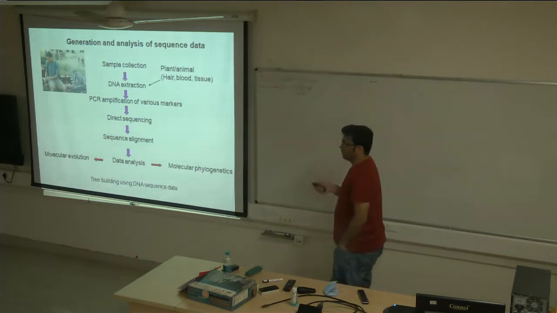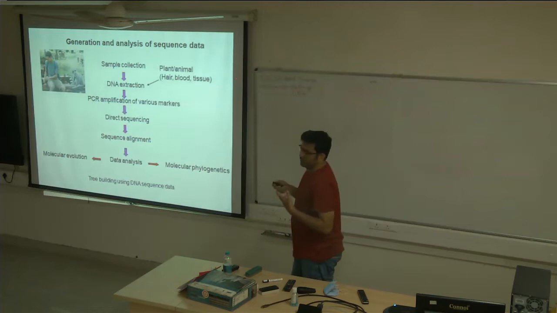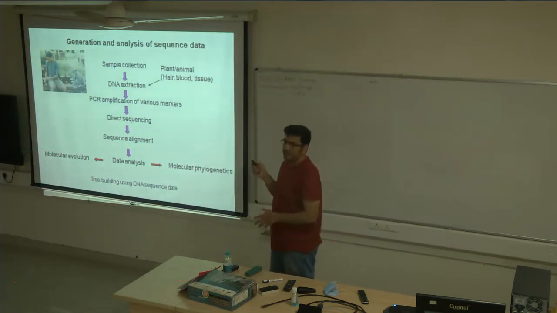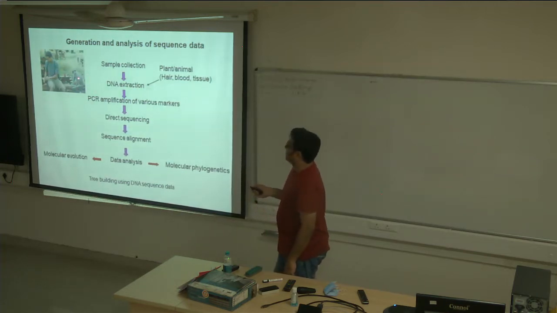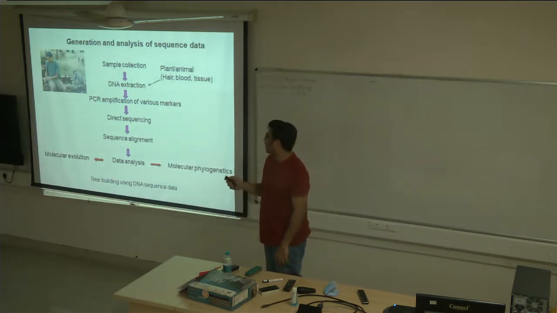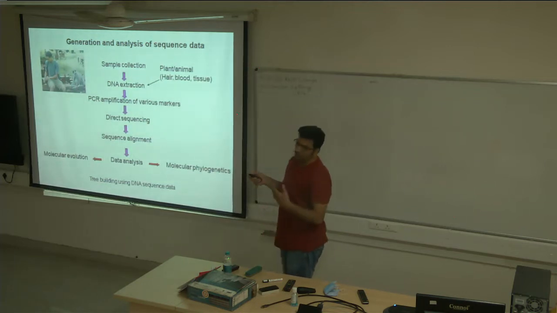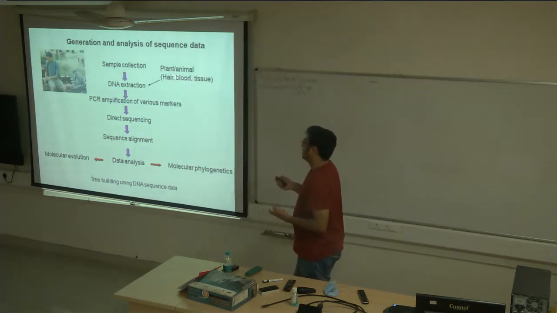So this is a general flowchart of how you go about doing your genetic work. This is Praveen during his early PhD days, and on the right is his model system, the Hanuman langur. The first thing is you go out and collect samples, depending on what you are working on.